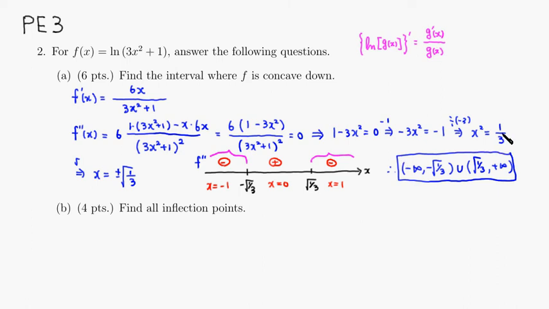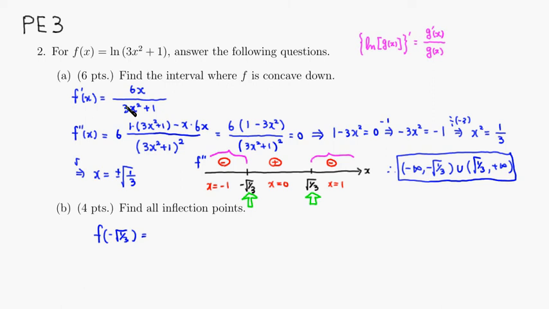Then let's look for the inflection points. You can see that the inflection points happen at negative square root of 1/3 and at positive square root of 1/3, because the second derivative changes its sign, which means that the original function f changes its concavity. We just need to find the corresponding y value. So I'm going to plug in negative square root of 1/3.